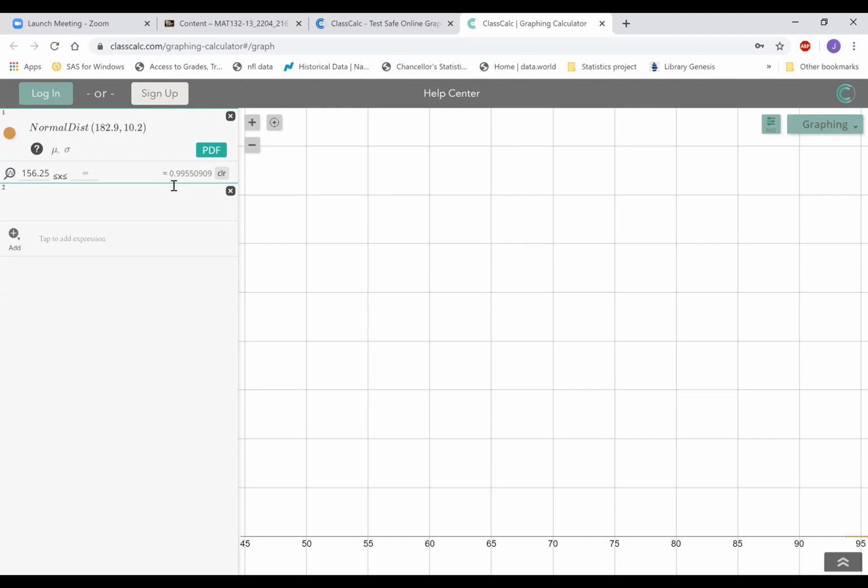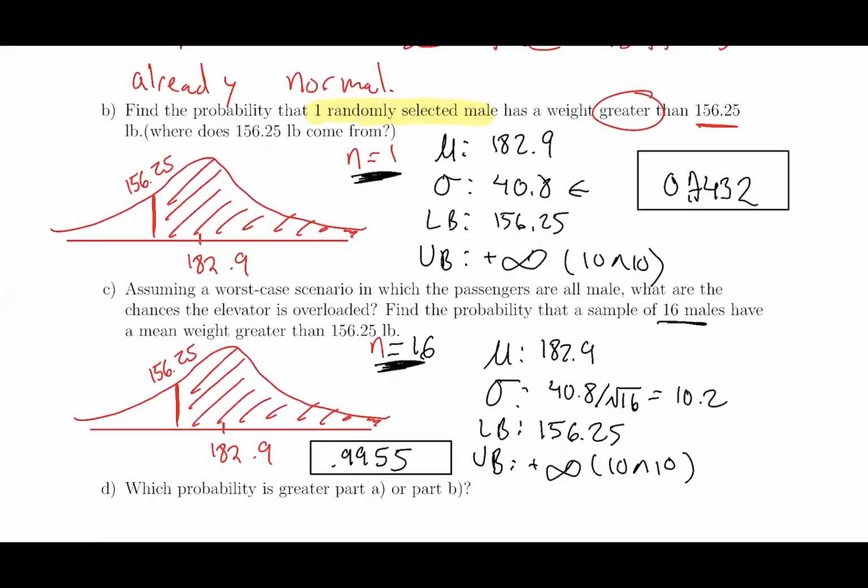And if you look at it, we get 0.9955. So you get 0.9955. Everybody go with that?